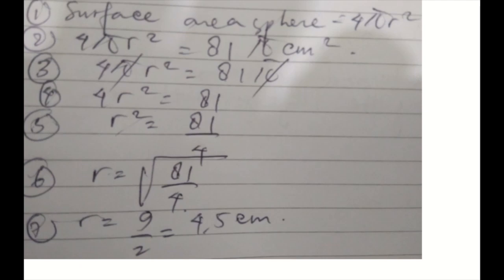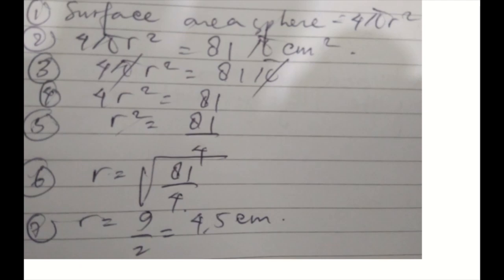So we have 4r square is equal to 81, r square is equal to 81 over 4, and r is equal to the square root of 81 over 4. That's the 6th step. In the 7th step, the square root of 81 is equal to 9, and the square root of 4 is equal to 2. So the radius is equal to 9 over 2, which is equal to 4.5 centimeter. Now remember, this is the radius of the sphere.